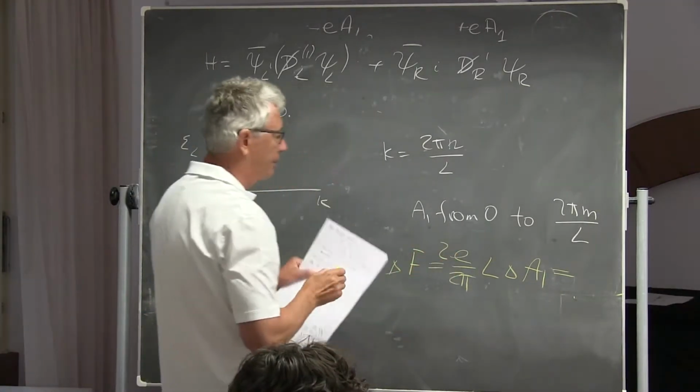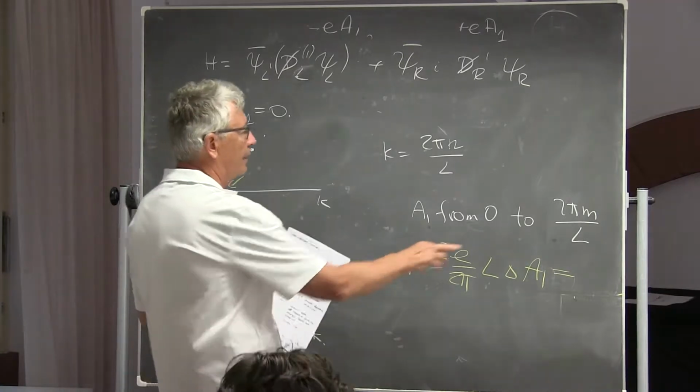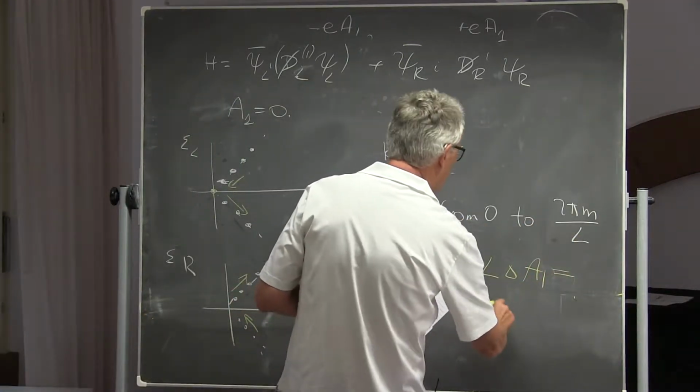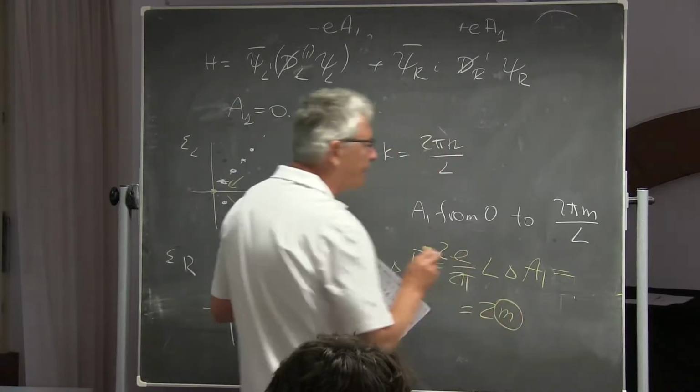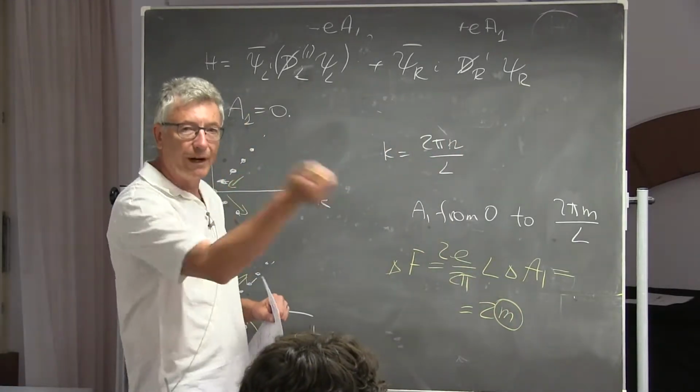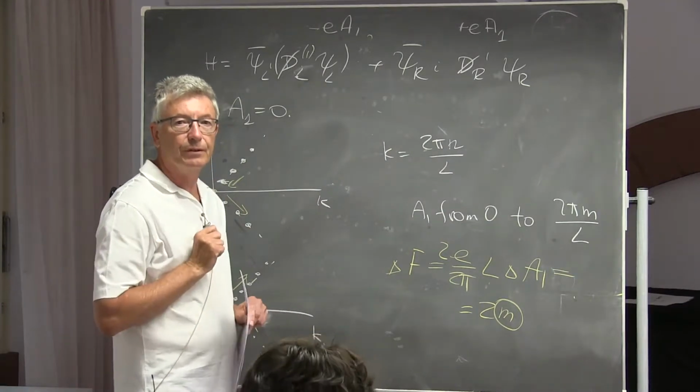So there is factor 2 here, and we will get exactly the factor equal to 2m, and m is the number of windings which the gauge field made.